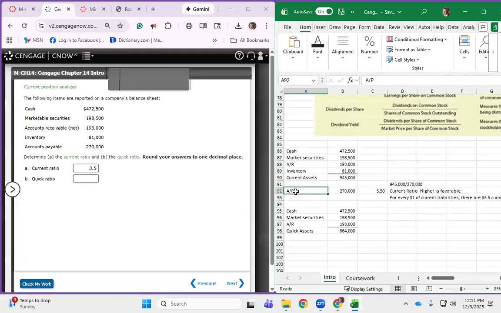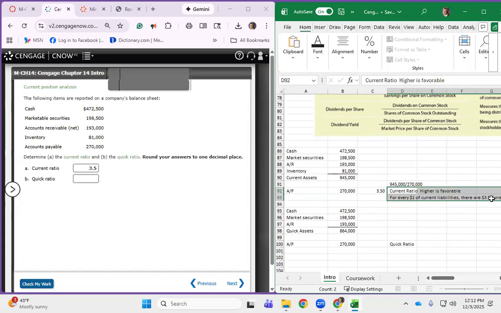Okay, now we're going to do it again. We're just going to copy AP so we stay consistent. And this is going to be your quick ratio. And just like the other one, higher is better. So I'm going to borrow this and put it in.